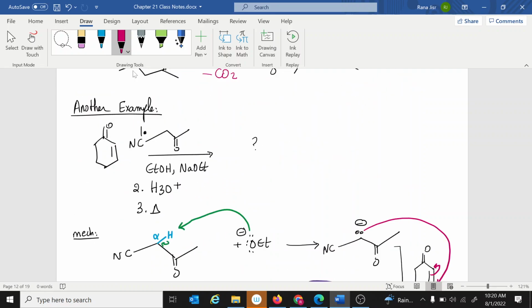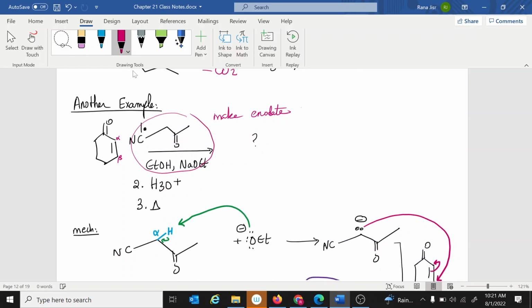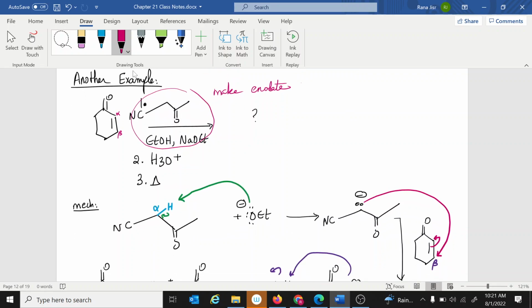Another example, again, I do have the alpha, I do have the beta, so this is definitely Michael addition. I start with these two and make the enolate. CN, this is the cyanide, and we said that the alpha hydrogen here is an acidic hydrogen.